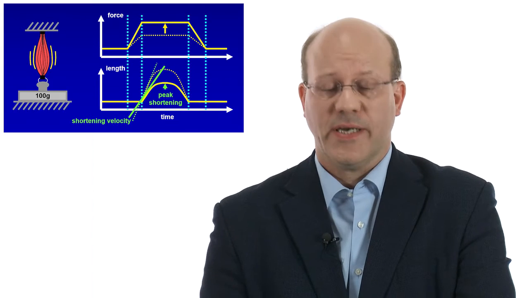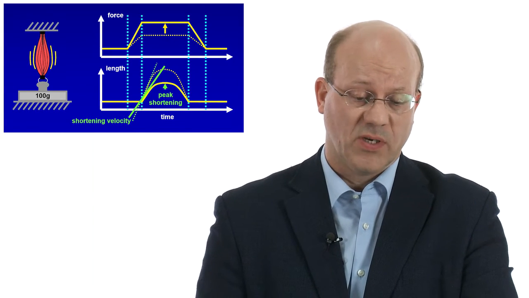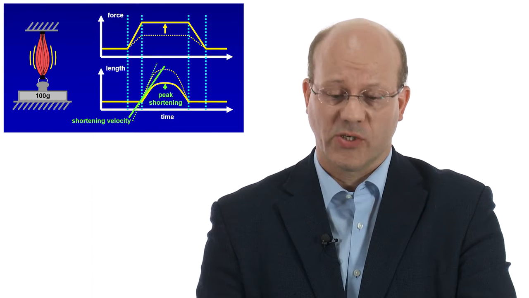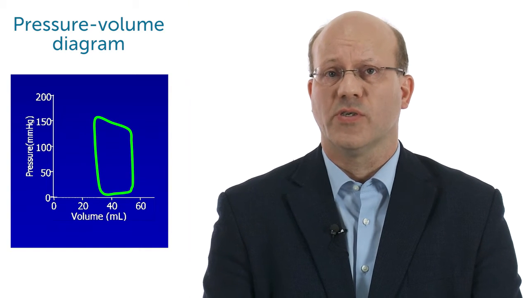So what I described here is a 1-dimensional representation of the parameters that describe loading changes. In the heart, we have 3 dimensions, and therefore we use the 3-dimensional parameters. So we look at volume changes and we look at pressure changes. And you probably all know these pressure volume loops from your physiology lectures.